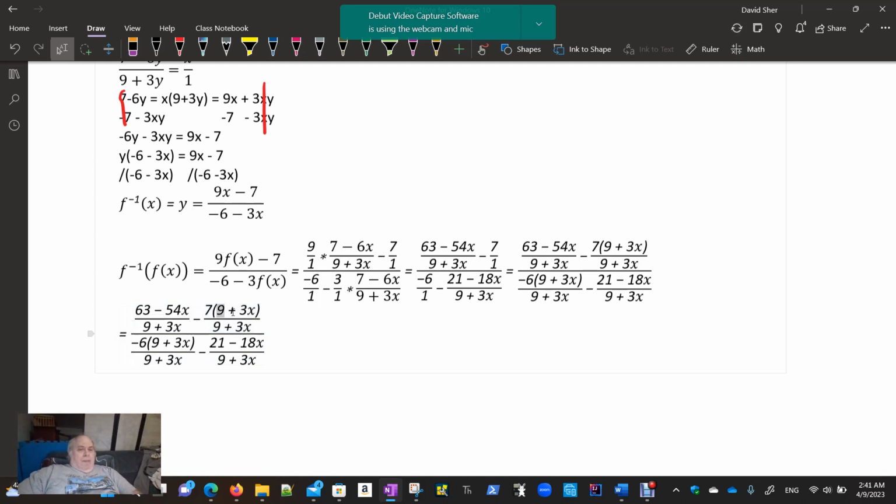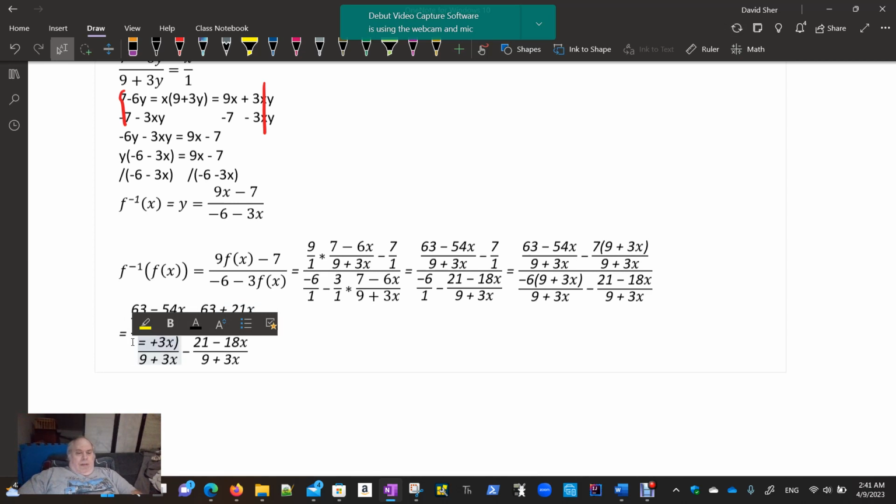So 7 times 9 is going to turn into 63. And 7 times 3 is going to turn into 21. And down here, negative 6 times 9 is going to turn into negative 54.